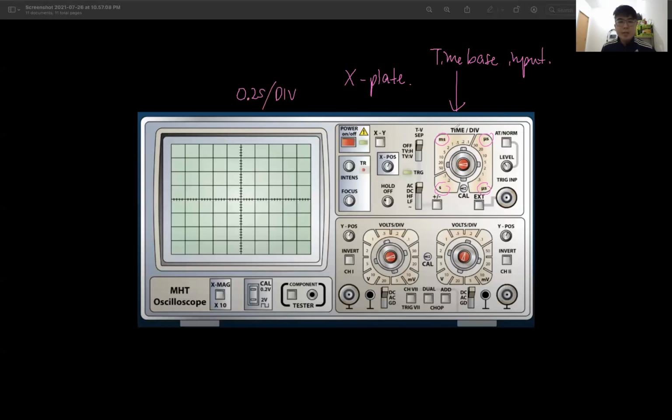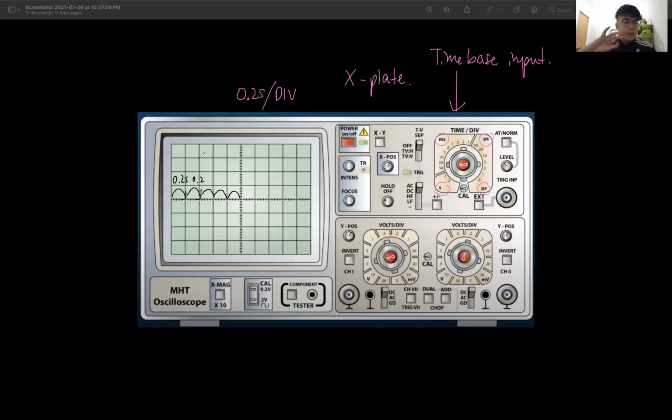You can see the unit is time slash division. Okay, so it is 0.2 second per division. One division is this tiny square. So if I set it to 0.2 second per division, it means each small square is how much? 0.2 second, then another 0.2 second, 0.2 second, 0.2 second.